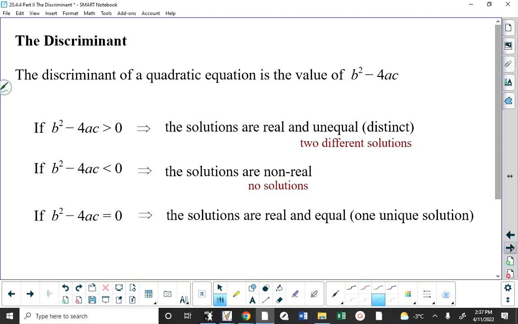Math people are weird. The two numbers are the same, but there's two of them, so there's two solutions. No, there's one solution. So we don't have to worry about real and unique or real and equal or things like that.